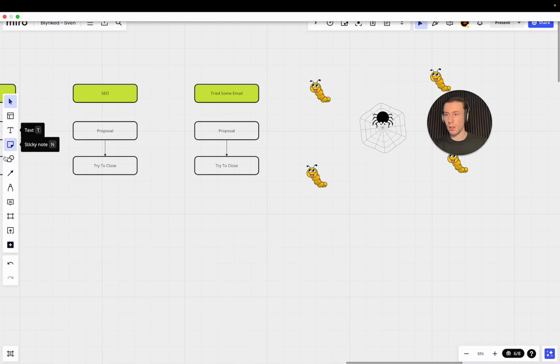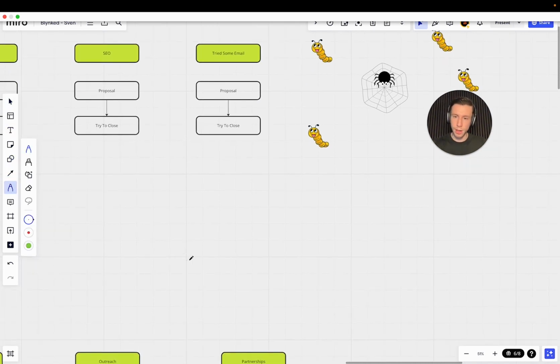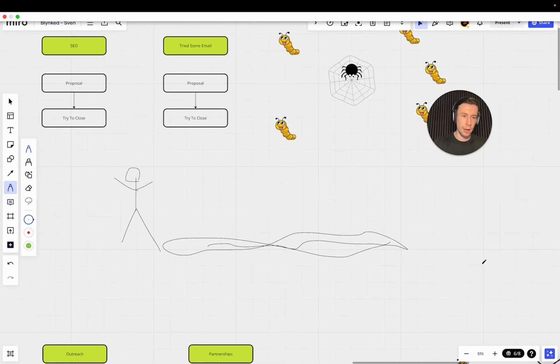What I was trying to share earlier was this. Let's say there's a beautiful stickman right here. There is water all the way here, and this is the other side, dry land. So what you're trying to ask from your prospect is that they do this. And what you need to do is build out stepping stones right here, right here, right here.